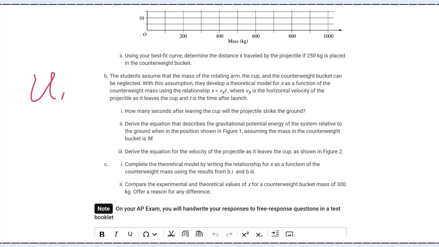So U_B is just going to be m times our gravity of 10 times our h of 3. That's going to be 30m.